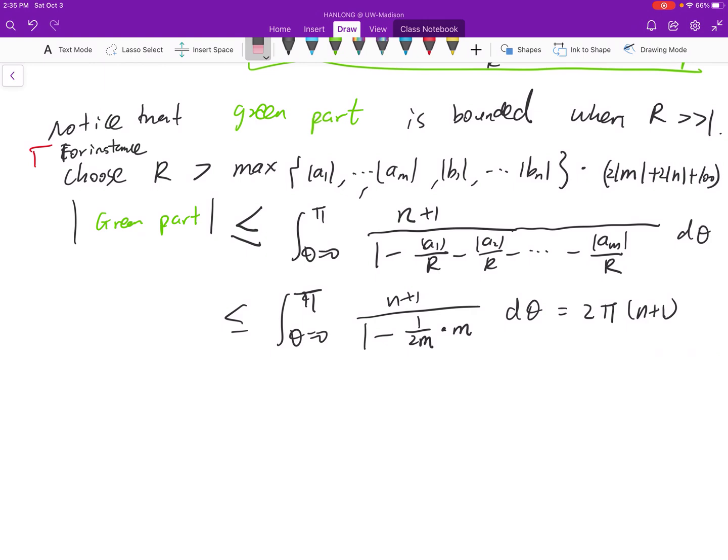It depends on m, but the advantage is it's independent of r. That's enough. So the bound is independent of r. Of course, here you need to assume r is greater than this.